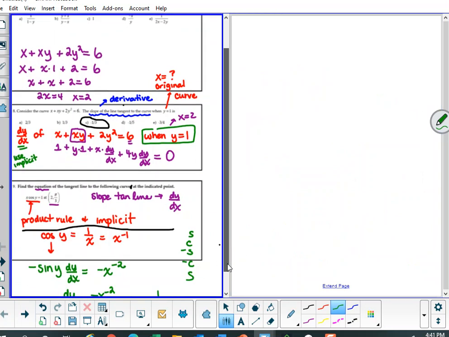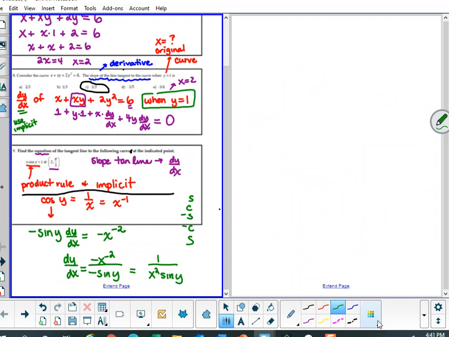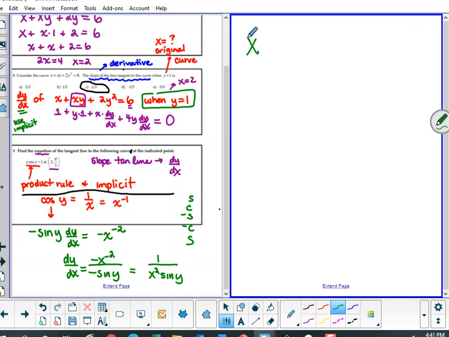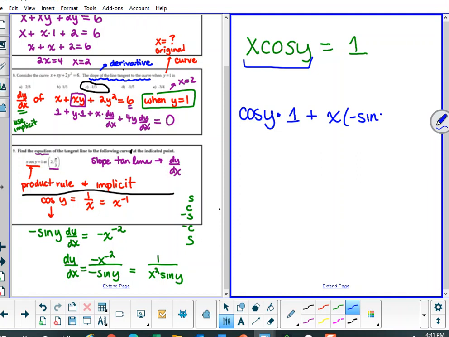So let me see something. We got 1 over x squared sine y. Let me think about this. If I did x cosine y equals 1 and I use product rule, I would have cosine y times 1 plus x times negative sine y dy dx equals 0, because this would be like my g and that would be my f. So there's the second function, derivative of the first, derivative of the second with the implicit tag.